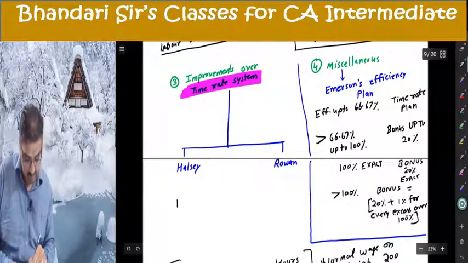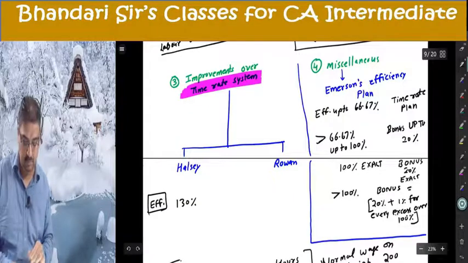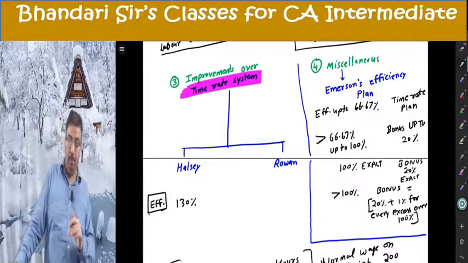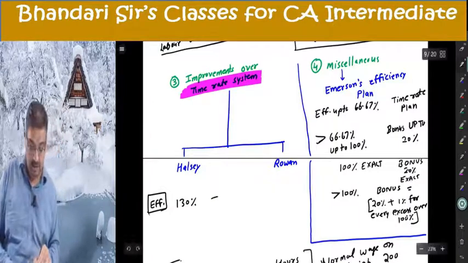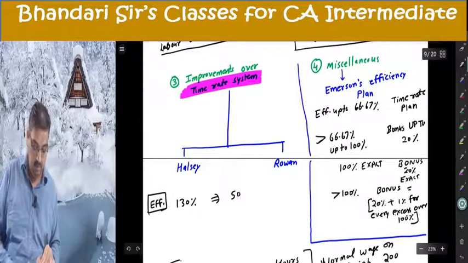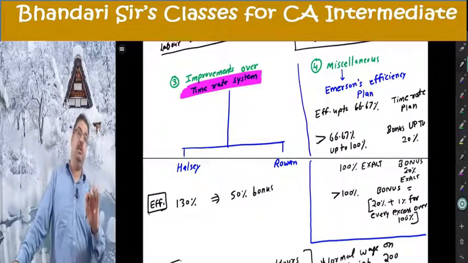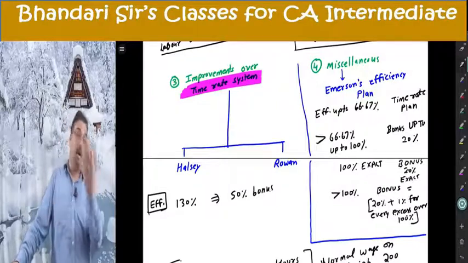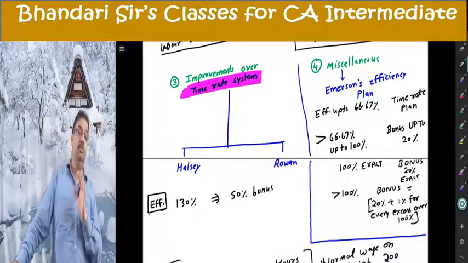If it is 130% efficiency, I'll tell you how to compute efficiency also, but first, how to apply this for more than 100%. 130% efficiency means 50% bonus. How did I get that? 20% till 100% plus 30% over and above 100. 20 plus 30 is 50.